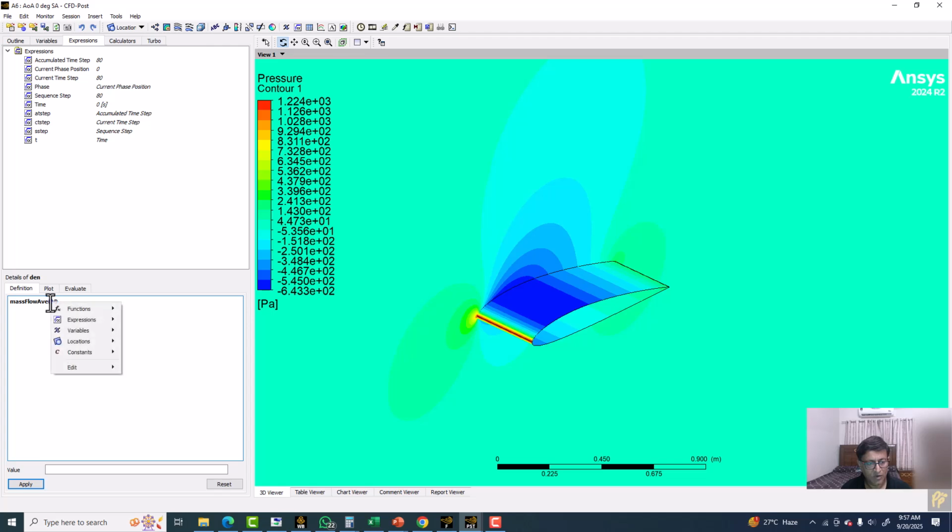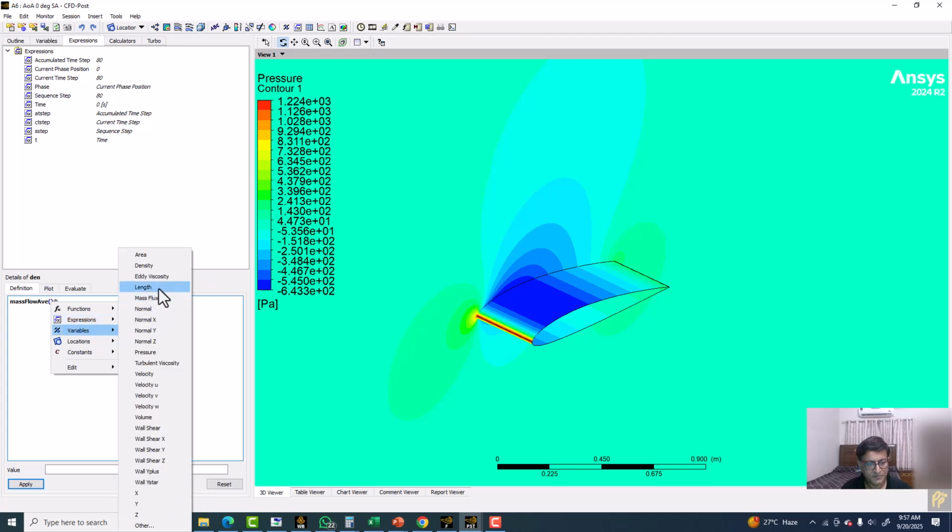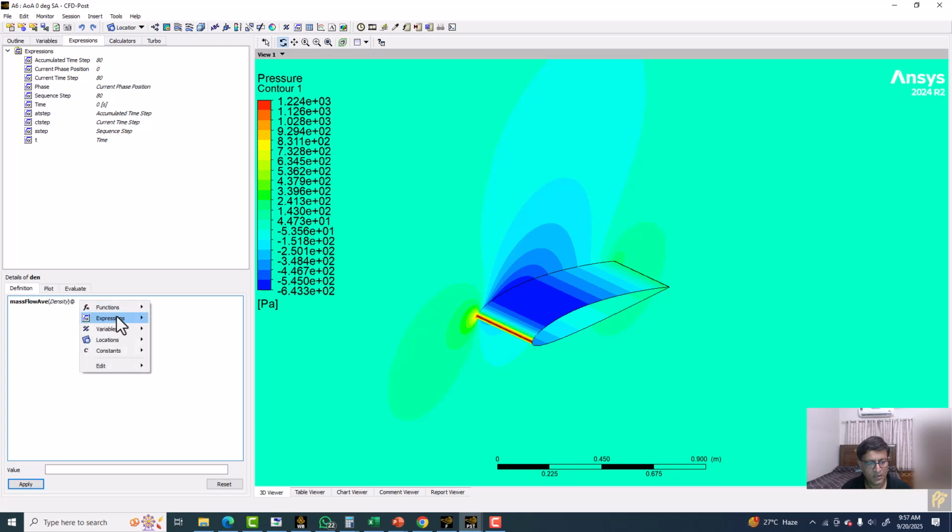And what we are doing with the density here: find the variable that is the density, and the location is the inlet. If you apply, you will get the units and the value as well, and it should be 1.225. Okay, so density is defined.